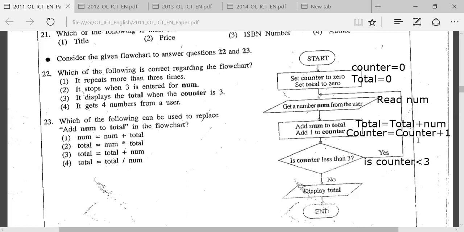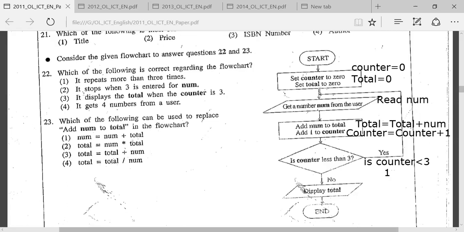So initially counter was 0. After the first input, counter will be 1. So here it will be 1. 1 less than 3. Yes.